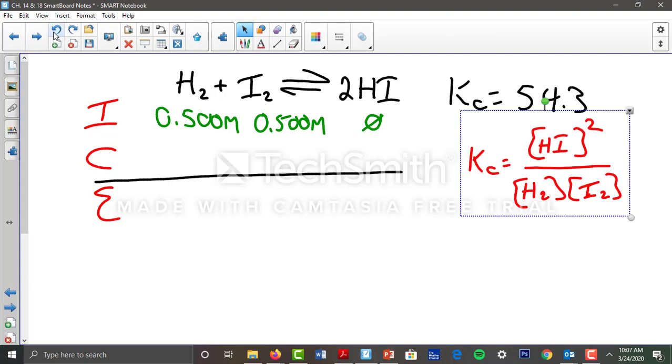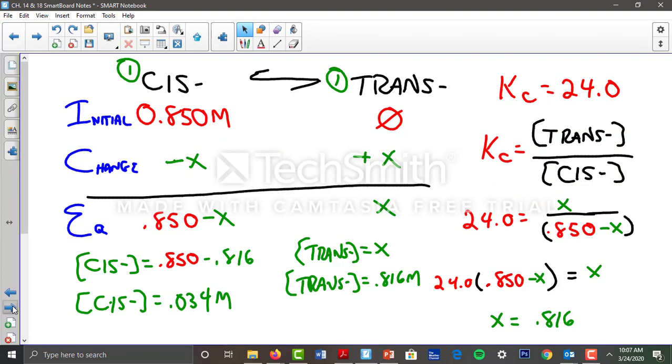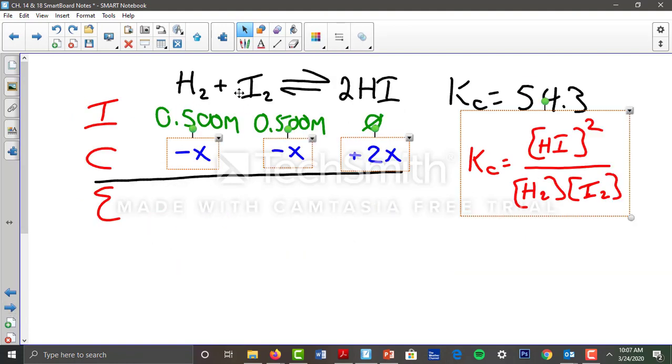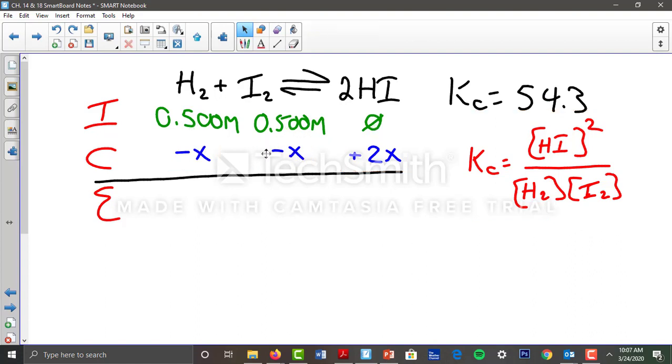So again, start by writing the equilibrium expression. Products over reactants raised to their stoichiometric coefficients. The reason we use brackets here is because this is in terms of molarity. Now, unlike the last problem, where it was just minus x and plus x because of the ratio of 1 to 1, here, because the ratio is 1 to 1 to 2, for every mole that H2 and I2 go down, you're going to end up with 2 moles of HI.